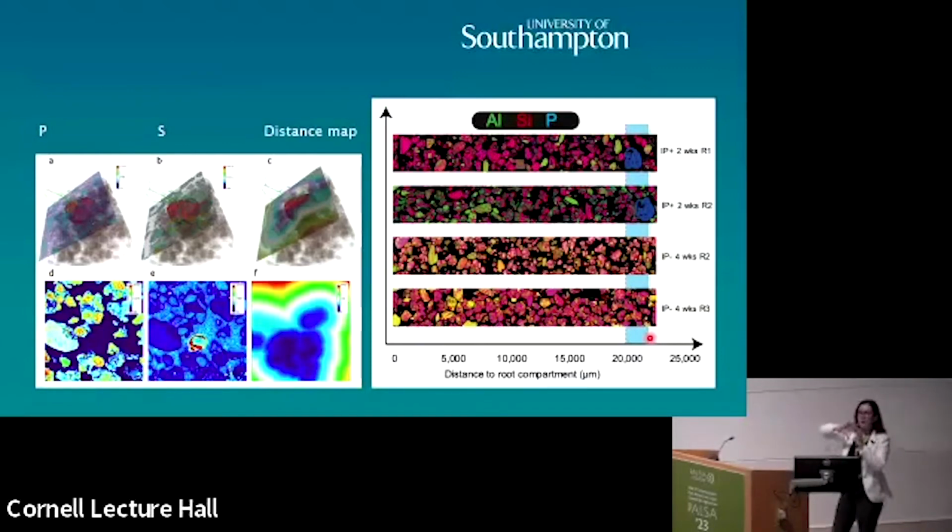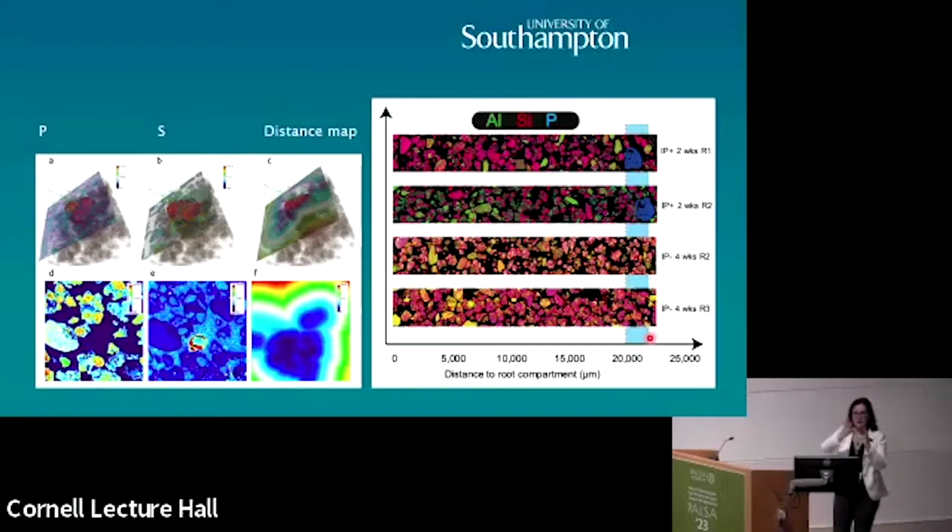Then we can correlate that 2D map back into the 3D X-ray computed tomography, and get distance maps that are genuinely 3D distance maps from the fungal hyphae.